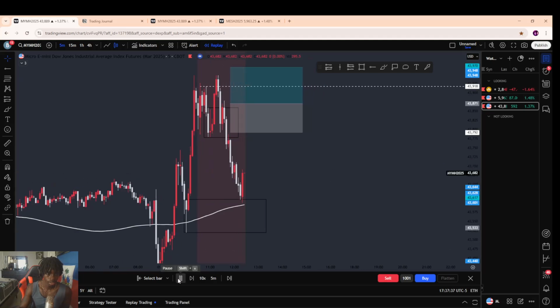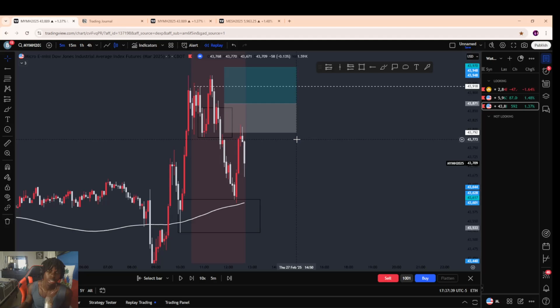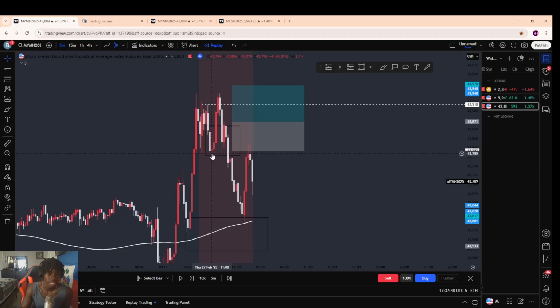In the markets, you don't know which setup is going to win or lose. So you just take what you see and have confidence in it. I had confidence in this setup, and I had confidence in this setup. But this setup came before this setup, so I took that one first, and that one was an L. And I only take one trade a day. So it is what it is.